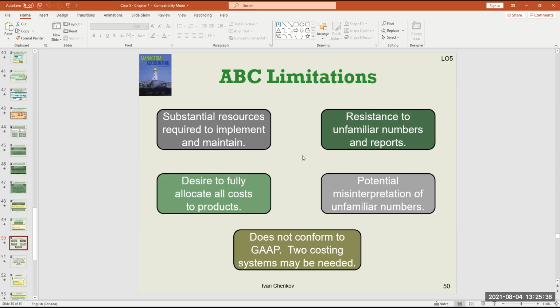Potential of misinterpretation. Obviously, if you don't understand the numbers, if you don't understand the logic, if you don't understand how the numbers were developed, you can misinterpret the numbers. So misinterpretation of the numbers comes from the lack of solid foundation. Lack of solid foundation for the managers comes from inability or resistance to learn new things when they were in school.